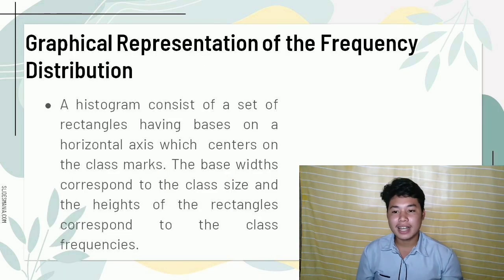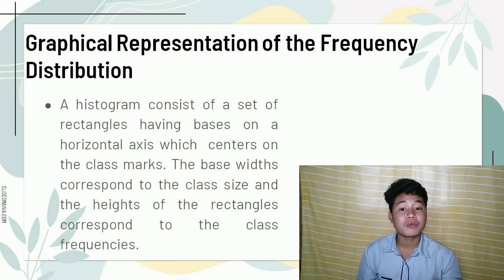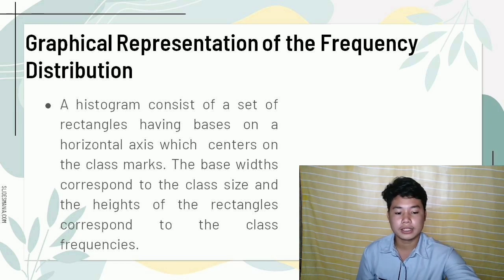Let's proceed to our last topic, the graphical representation of the frequency distribution, a histogram. A histogram consists of a set of rectangles having bases on a horizontal axis, which centers on a class mark. The base width corresponds to the class size, and the height of the rectangle corresponds to the class frequencies.